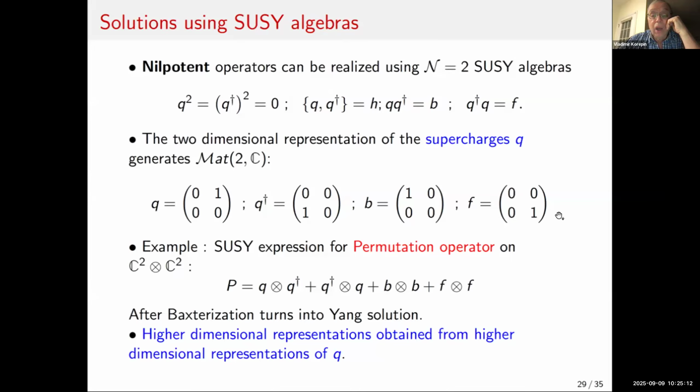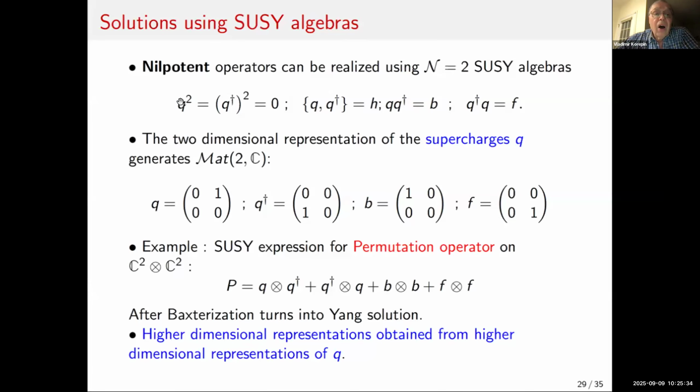If we do that, then this formula will give us a permutation operator, which is a solution of the Yang-Baxter equation. Later we can use Baxterization. I will remind you of Baxterization in the next solution. And this will reproduce the famous Yang solution, which was the first solution of the Yang-Baxter equation.